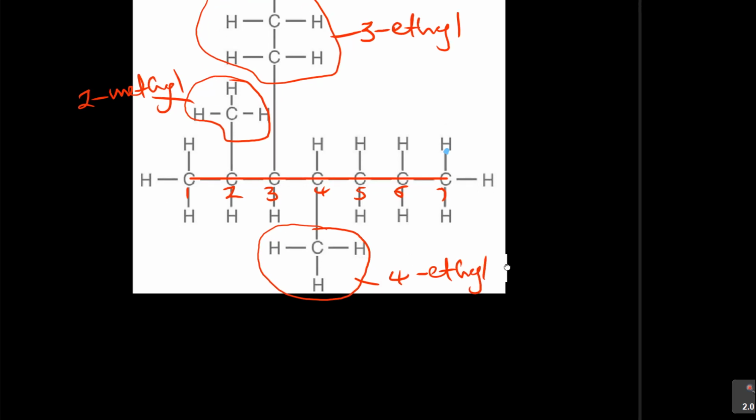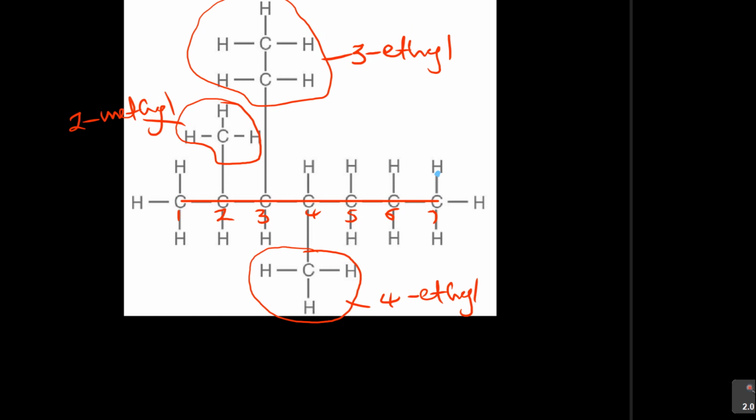Now if I were to do a condensed structure, this is what it looks like. It is going to be CH3, and then in carbon number 2 it's CH3. I always prefer doing a condensed structure like that. Then it's CH there, and then you've got CH again, and then I've got CH2 and CH3.